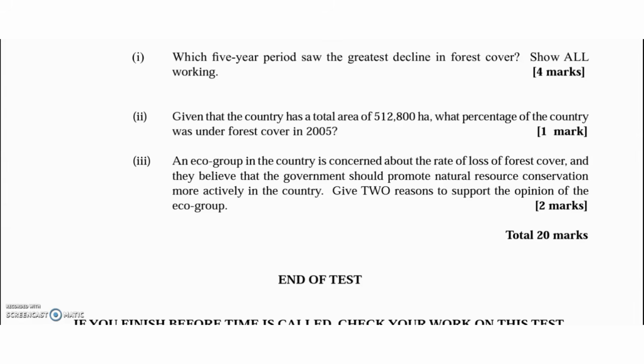So there is in fact a need for natural resource conservation, because if those resources are gone, we can suffer. Our future productivity will be compromised. Our future generation would also be compromised. So this is the last question for the 2013 paper.